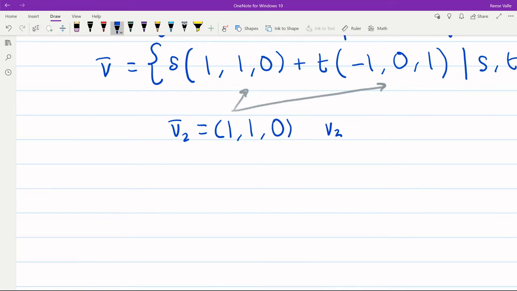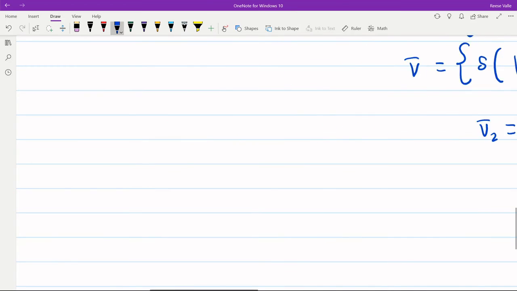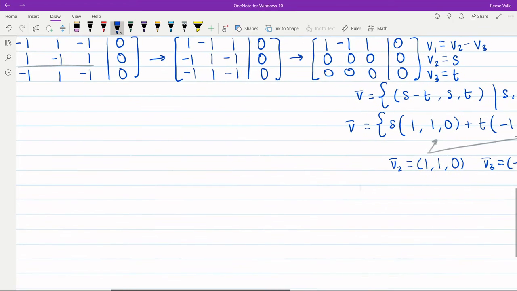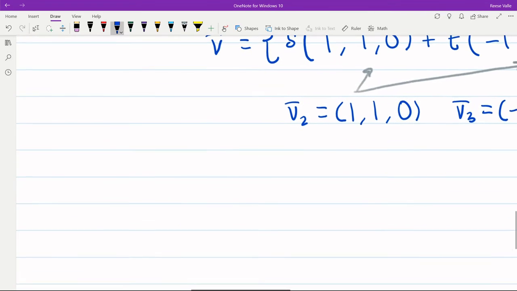And then v3 is going to be negative 1, 0, 1. Almost done. I like working on this side a lot more.